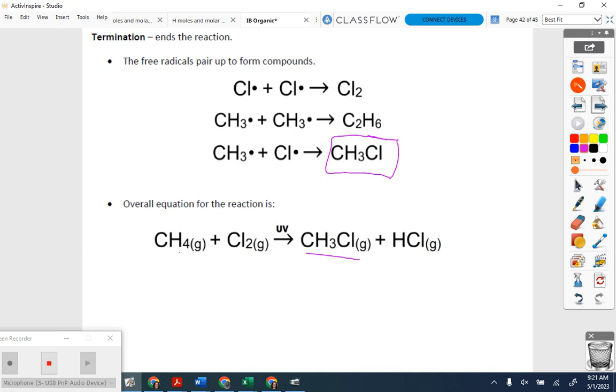We propagate through transferring the free radicals between the methanes and the chlorines, and then we terminate by putting two free radicals together. And because of the cyclical part, every time the cycle goes through, we end up with a CH3Cl and an HCl. Those are our main products of the reaction.